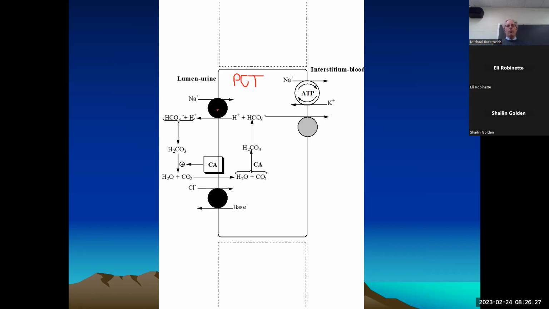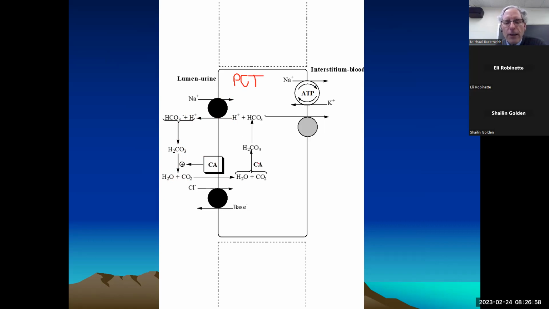There is an antiporter that brings in a sodium in exchange for hydrogen ion. That hydrogen ion combines with bicarbonate. It makes carbonic acid. Carbonic anhydrase, however, that's bound to the luminal membrane here, converts that carbonic acid to water and carbon dioxide. These can go straight through the membrane.